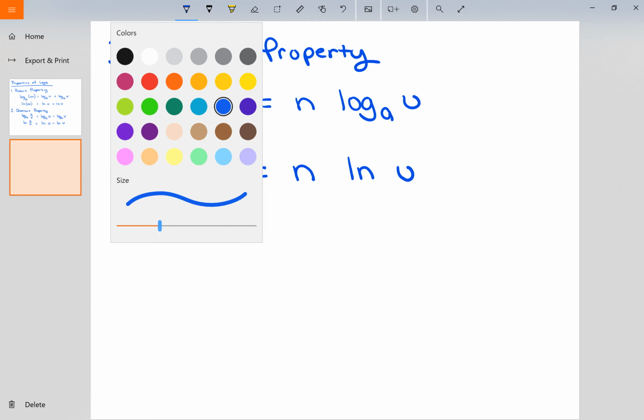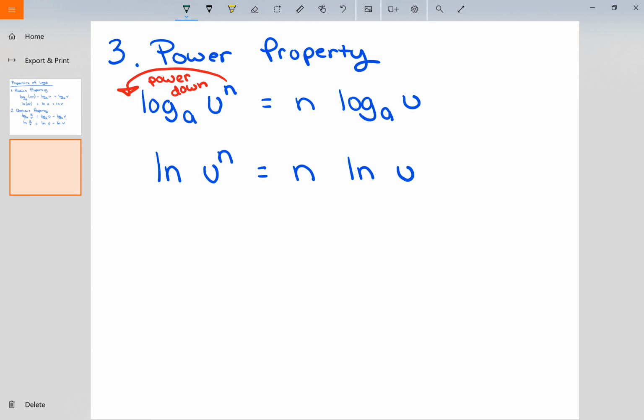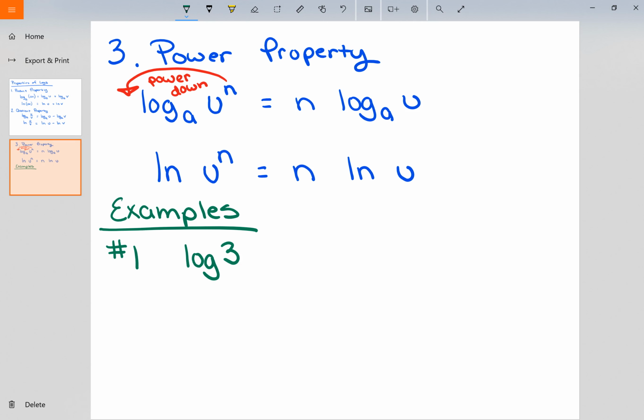Okay, so let's try some examples. The first example that I would like to do, we'll let this be number one, log of 3x squared y.